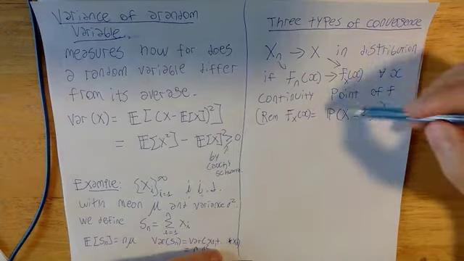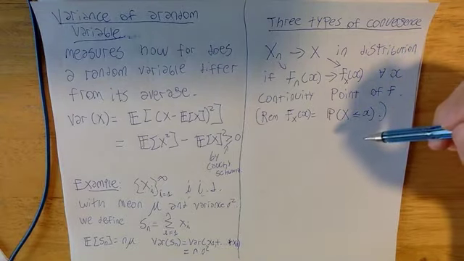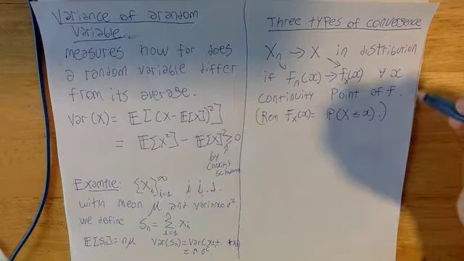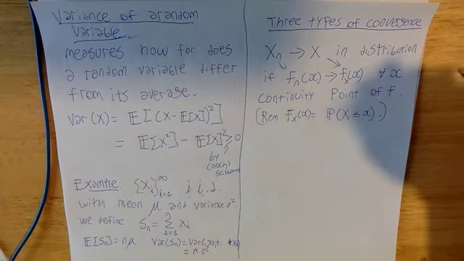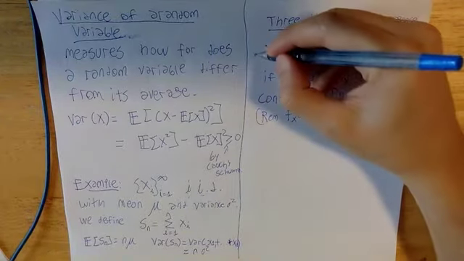And this is continuous in the case of continuous random variables, and it has jumps in the case of discrete random variables. So this is one type of convergence.